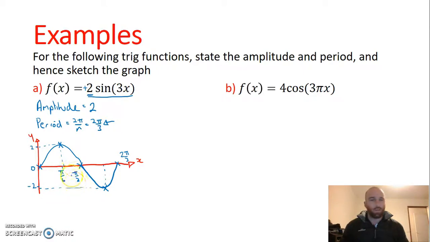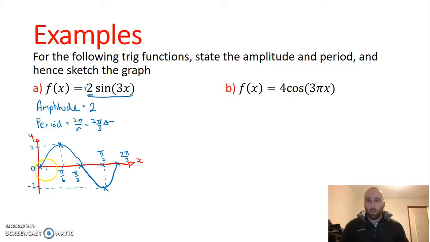It's just half of pi on 3. And the minimum location, between pi on 3 and 2 pi on 3, is halfway in between, which would be pi on 2. That would be at the 90 degrees. So that's our little graph there.